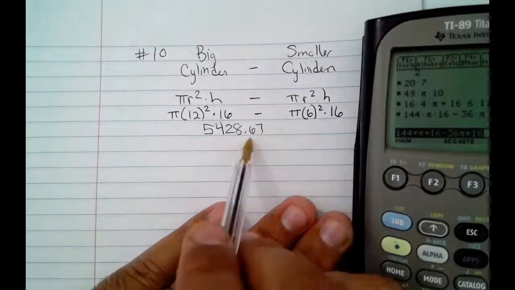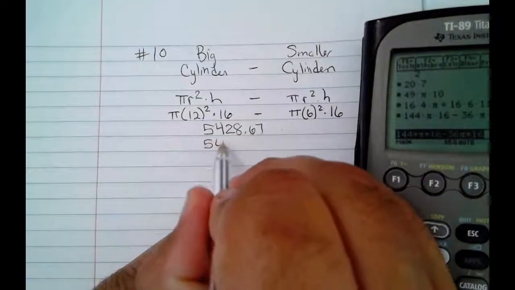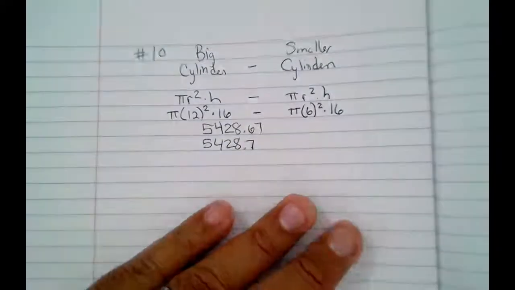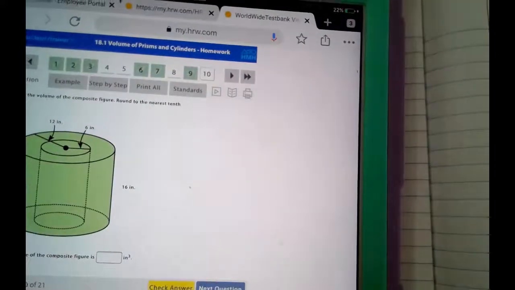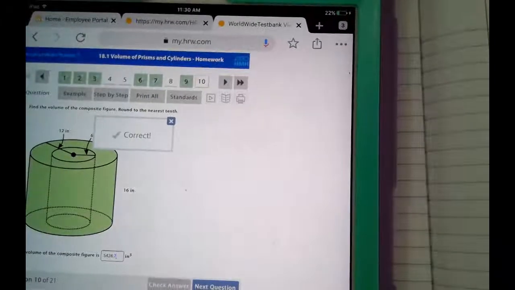Since it says round to the nearest tenth place, I'll put 5,428.7 as your final result. Check your work, and it is correct.